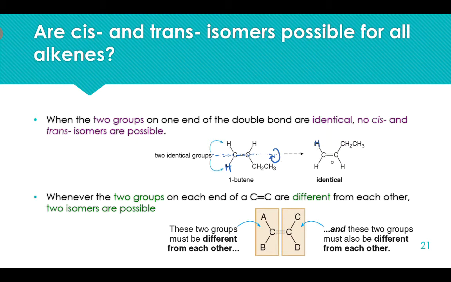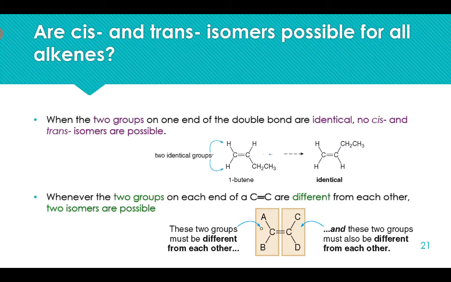But it's the same molecule. So it's not like we can draw the trans isomer just by moving this up. That's not going to get us a trans isomer. That's just going to get us the same molecule back again, because that is just a rotation of the previous molecule.